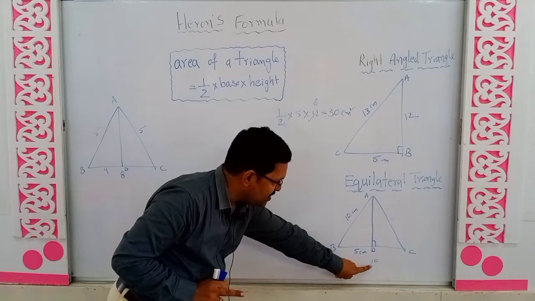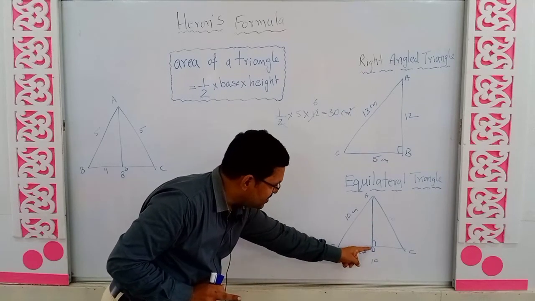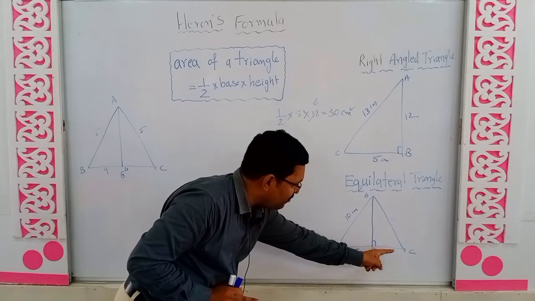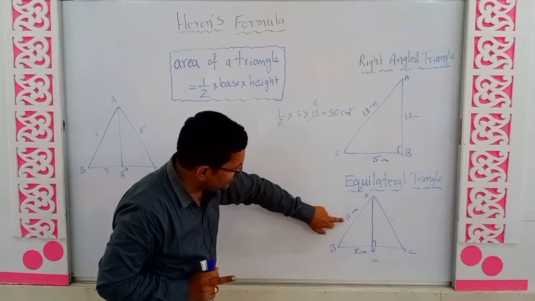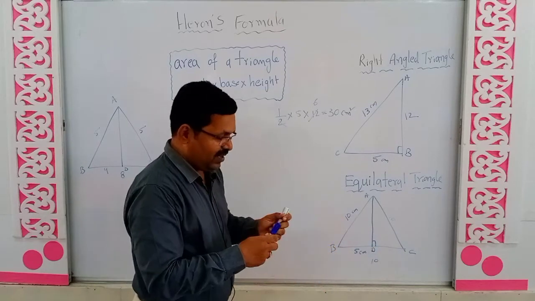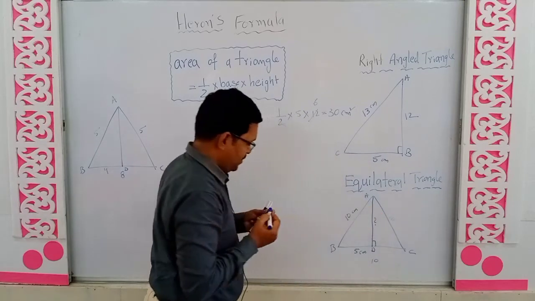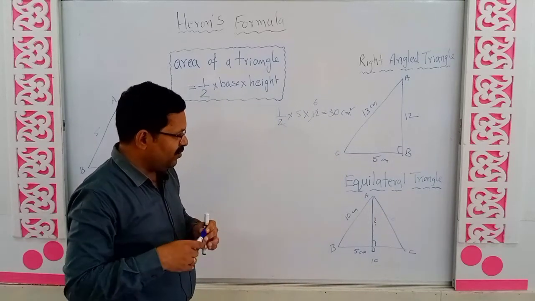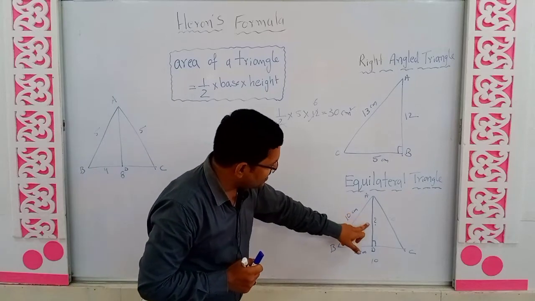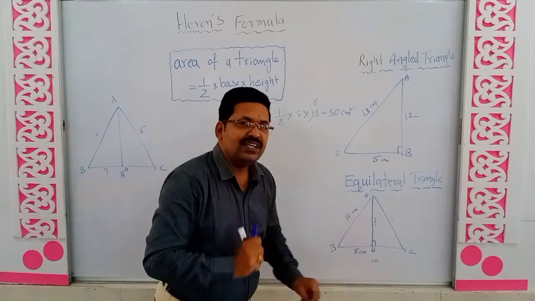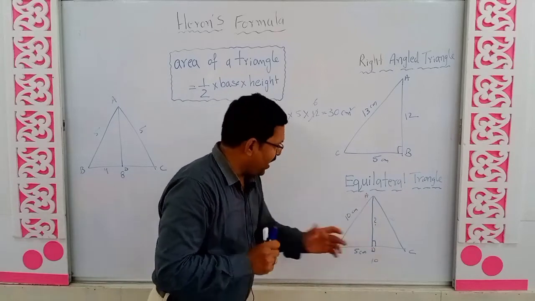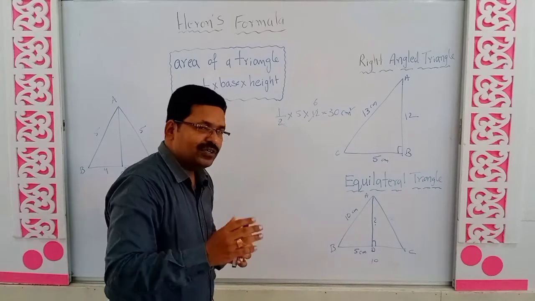So instead of 10, this half becomes 5 and this half becomes 5. So you have 10 here and you have 5 here. Then how are we going to find this particular side, which is the height of the triangle?